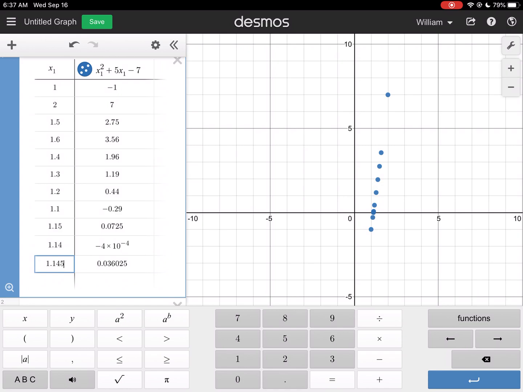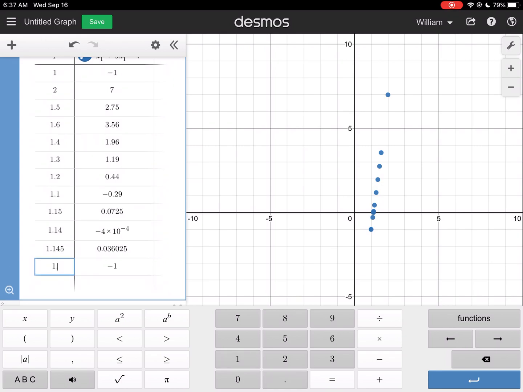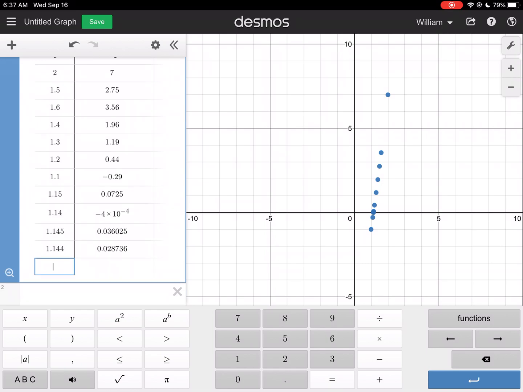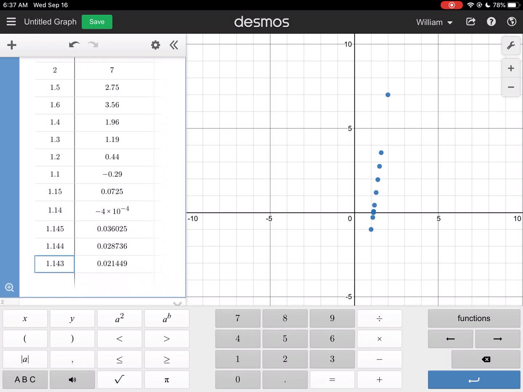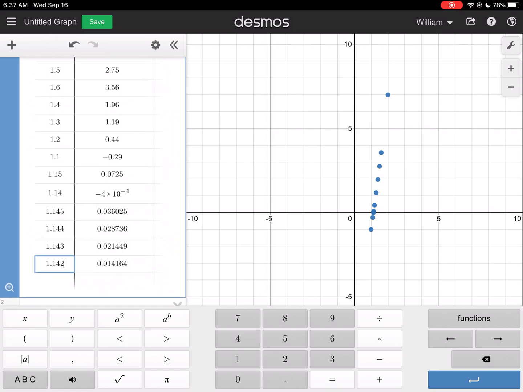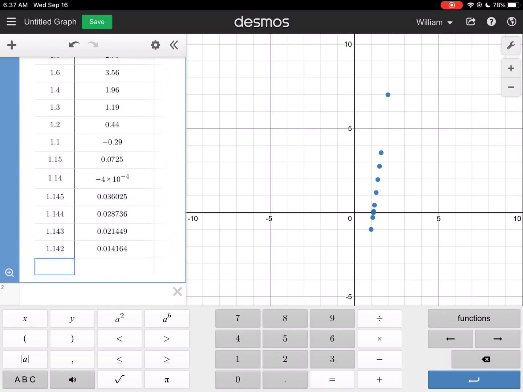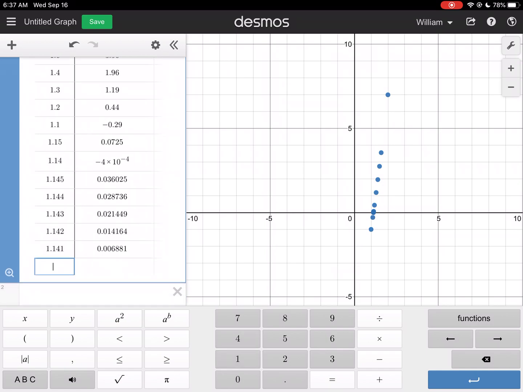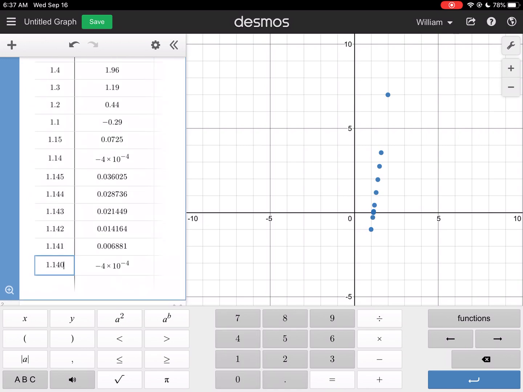Well, that's positive. 1.144, still positive. 1.143, 1.142, 1.141, all positive. So 1.140. That's essentially 0, negative 4 times 10 to the negative 4th. So it's really close to 1.140.